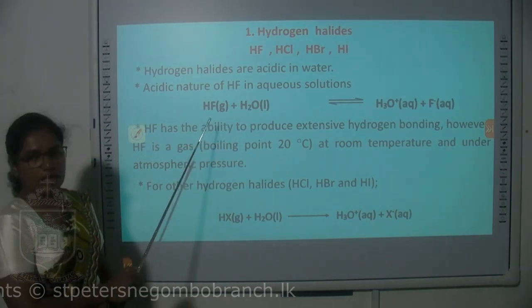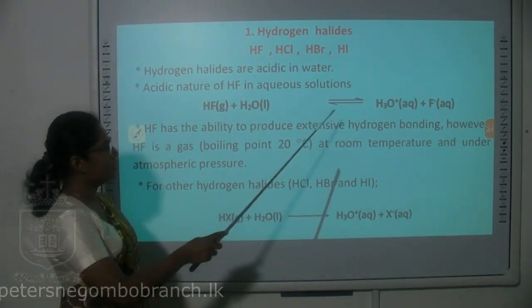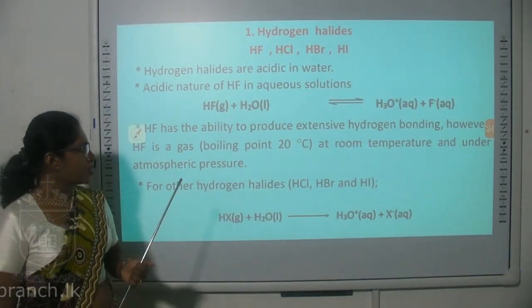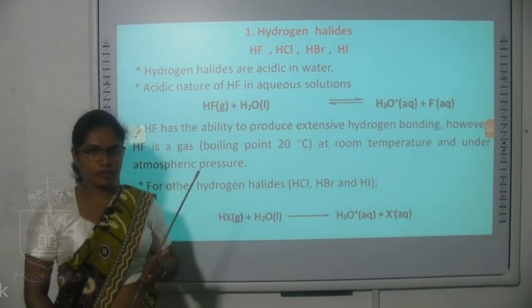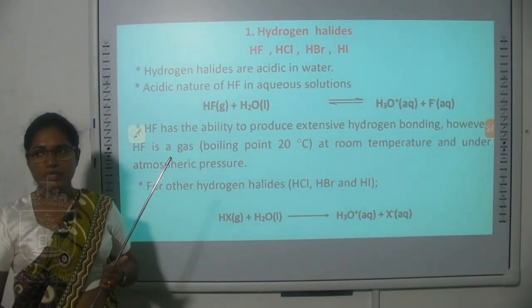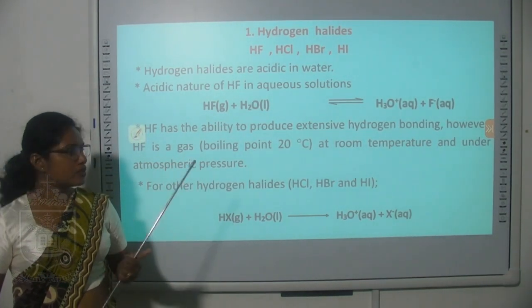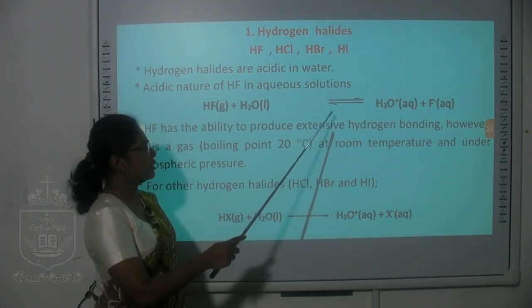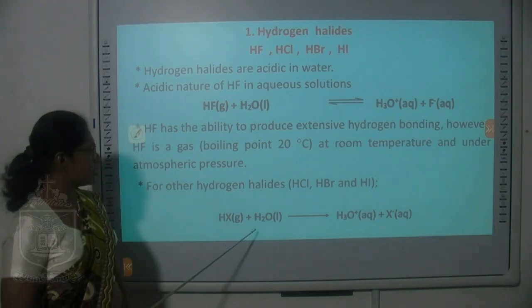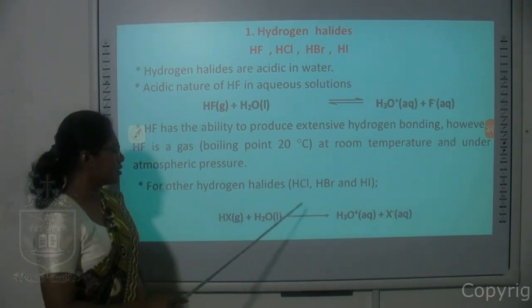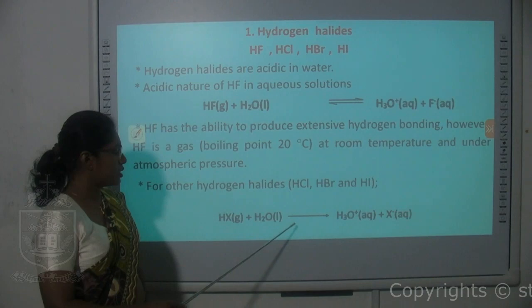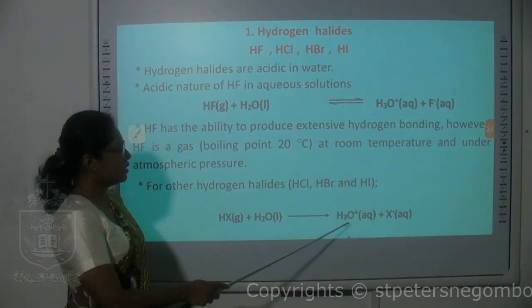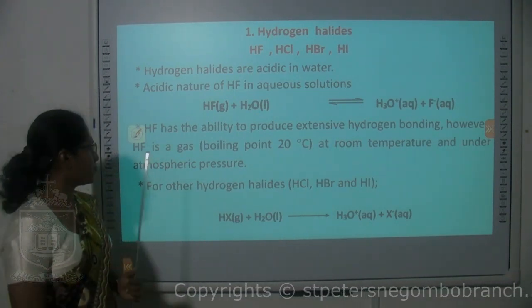But only HF shows partial dissociation, because as I told you, fluorine is the most electronegative element. So it does not dissociate totally, but other halides dissociate totally. That's why we use this kind of arrow, and it gives these ions.